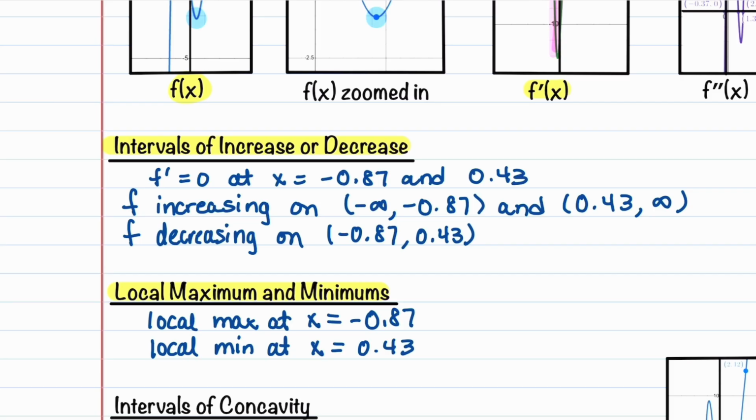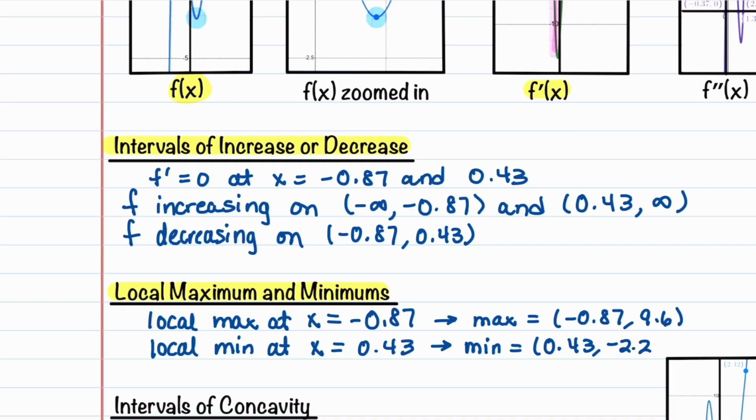So we can say that our local max is minus 0.87 and 9.6, and that our local min is going to be at 0.43, comma, minus 2.2.